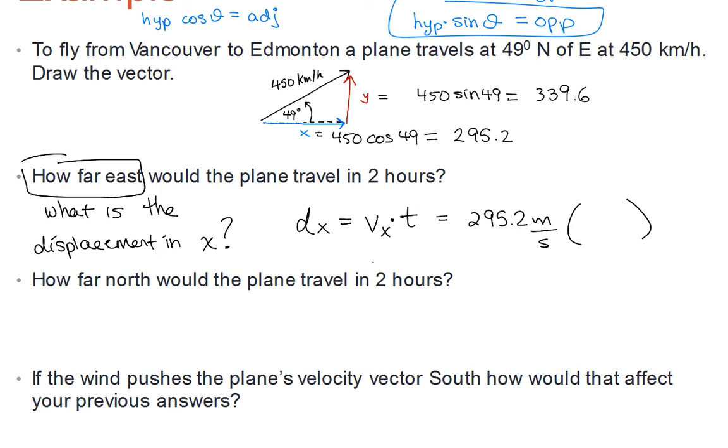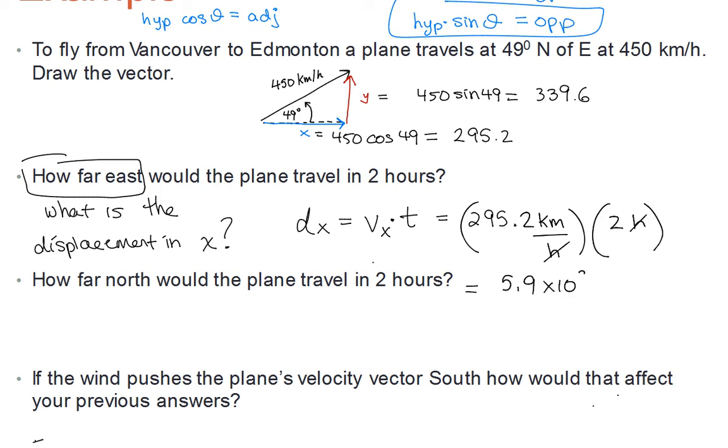Oh, sorry, that's in kilometers per hour, my bad. 295.2 kilometers per hour for 2 hours. 590.4. So the 590.4, we've got to go like significant digits here. 5.9 times 10 to the 2. And that's kilometers.